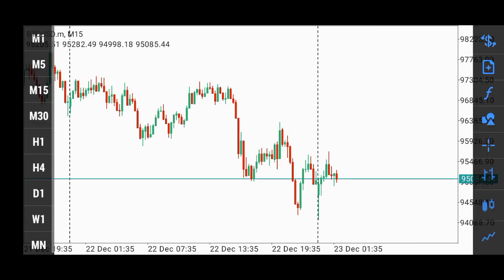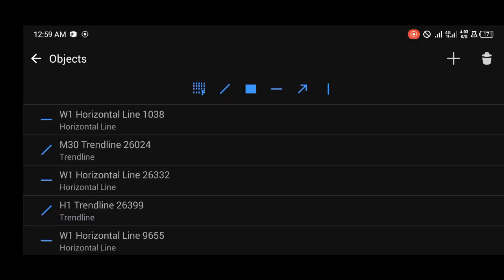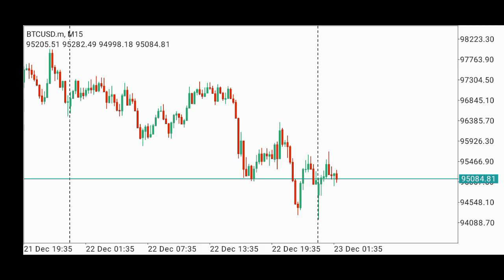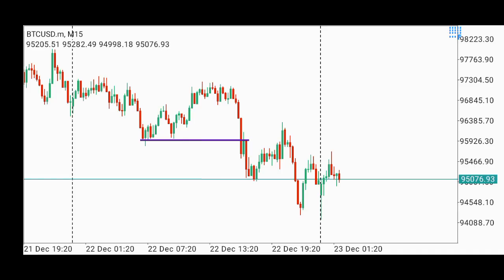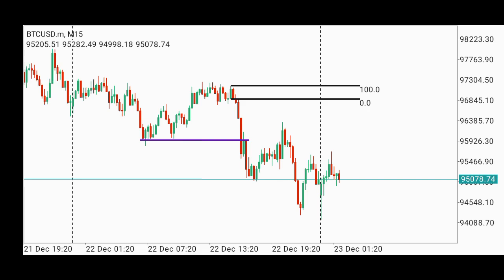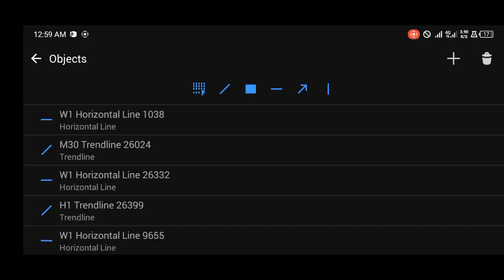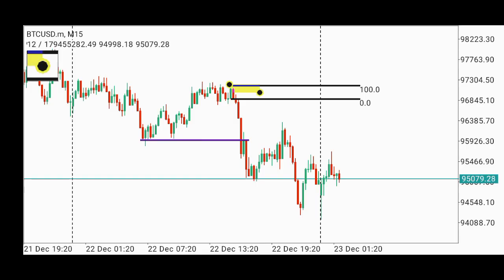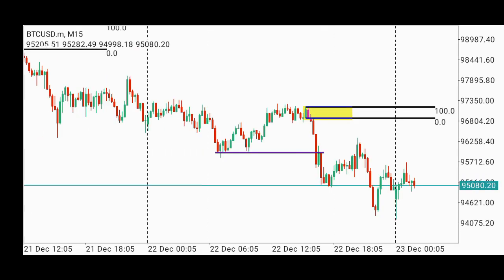So we are expecting Bitcoin to come to this very zone and sell off from here. A break of structure, supply created, and we are expecting a huge sell from this zone. So let's see what happens on Bitcoin.